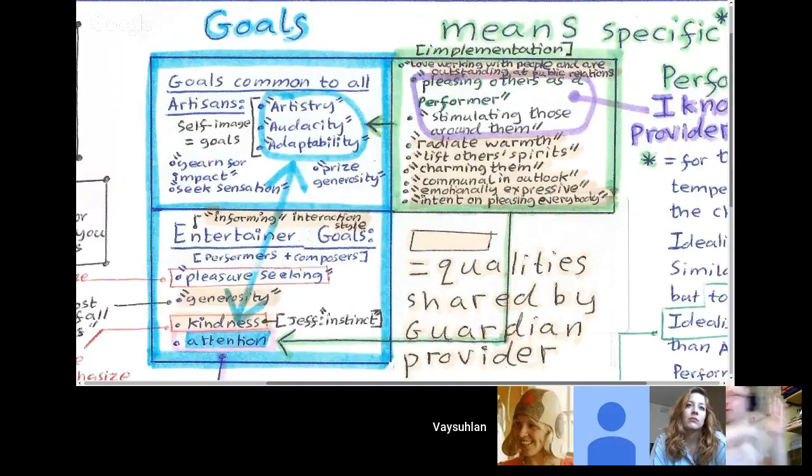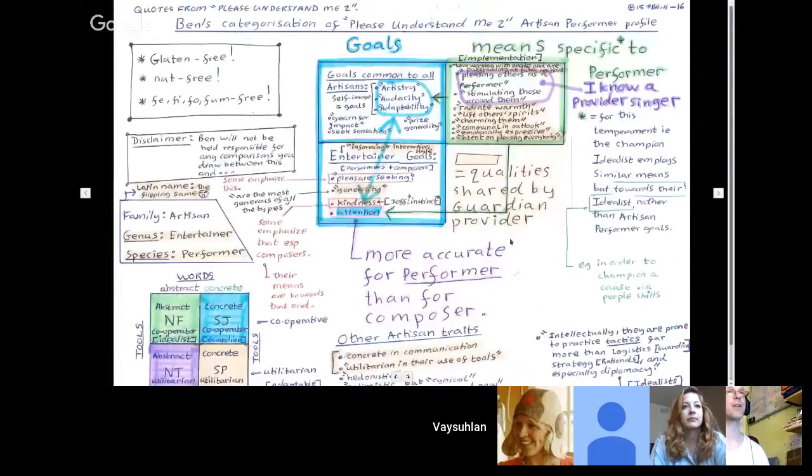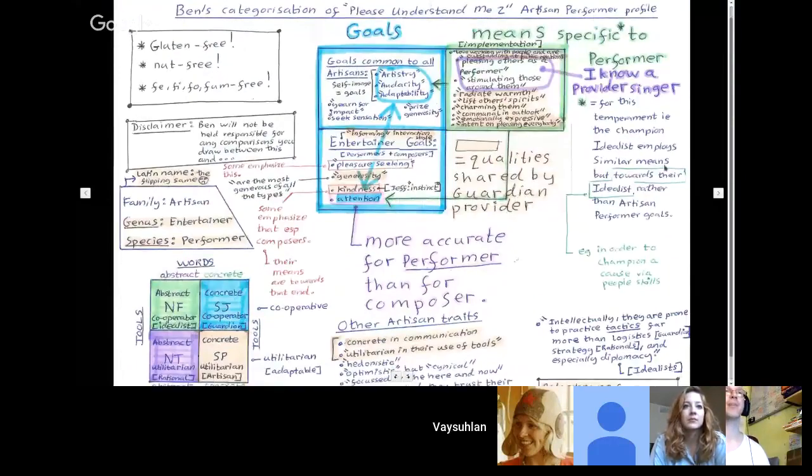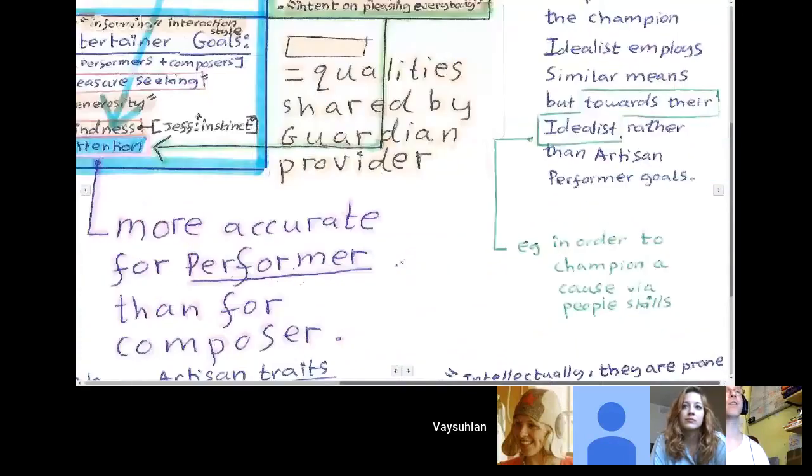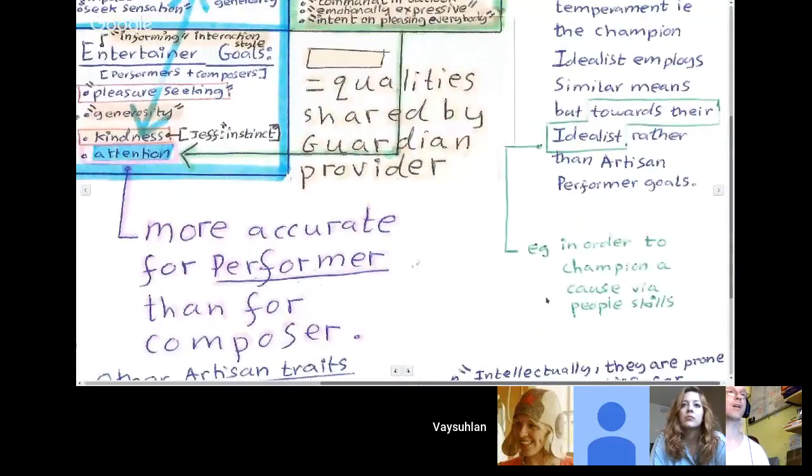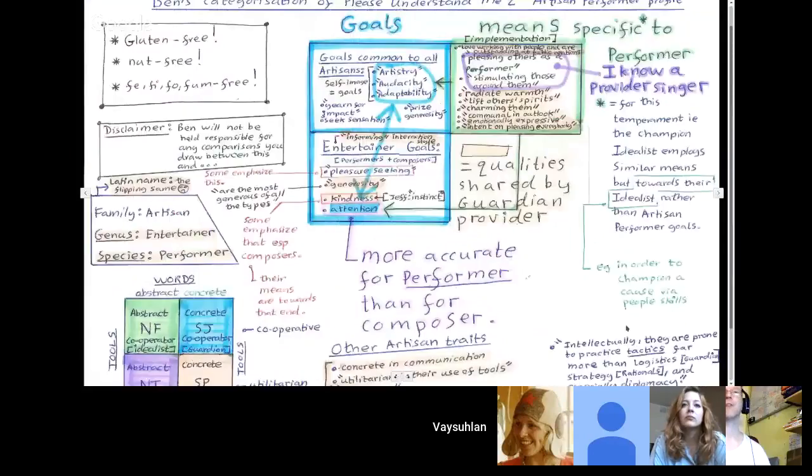Say if they've got a particular cause, they're going to use their emotional expressiveness to promote it. So if it's not attention, the ENFP would be, as I've written down there, idealist champion employing similar means towards idealist rather than artisan performer goals, in order to champion a cause via people skills.